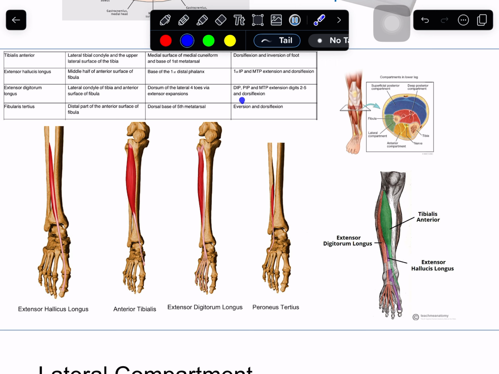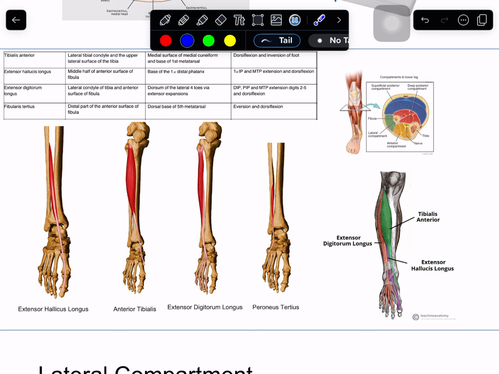All 4 are going to be crossing the anterior portion of the ankle joint. They're all going to be anterior, hence the dorsiflexion. But some of them are going to cross more medial, some will cross more lateral, right? So the medial ones are going to be inverters, like our anterior tib. Some are going to be crossing more lateral, like our peroneus tertius muscle.